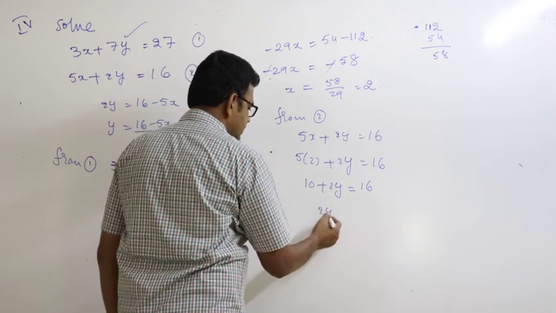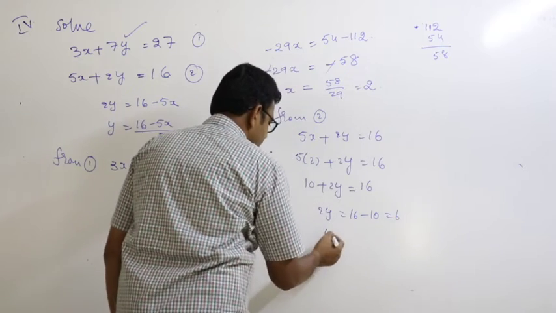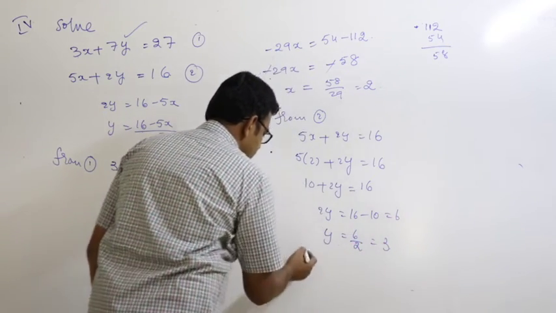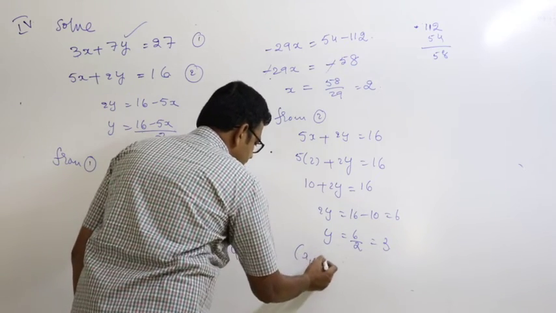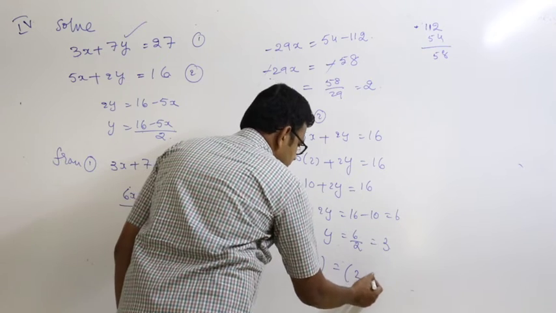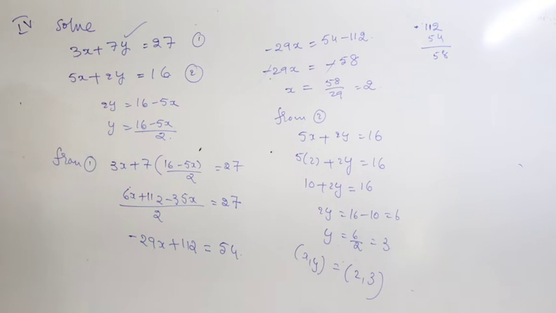Therefore, 2y is equal to 16 minus 10, that is 6. Y is equal to 6 by 2, that is 3. So, x comma y is equal to, x value is 2, y value is 3. So, this is one method.